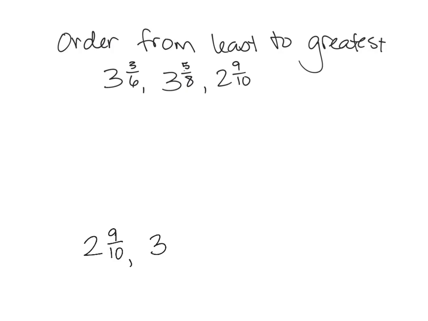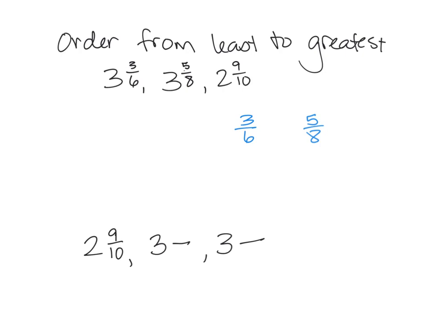So then I know that 3 and a little bit more and 3 and a little bit more are going to go here. I just don't know which little bit more is more and which is less, because I can't tell just by looking at it, because they're cut differently. So I'm going to give some focus to those two fractions, 3/6 and 5/8, to see which one is bigger and which one is smaller.